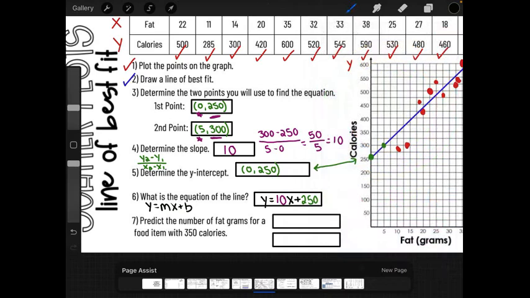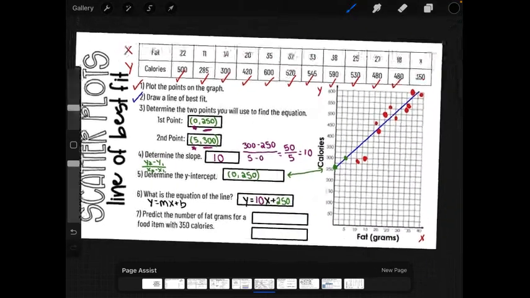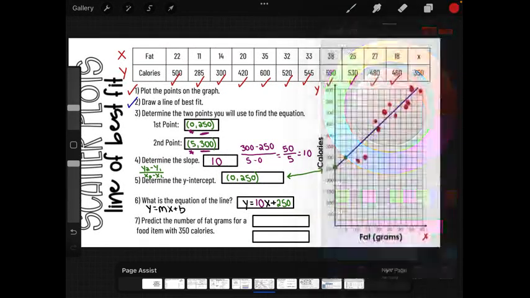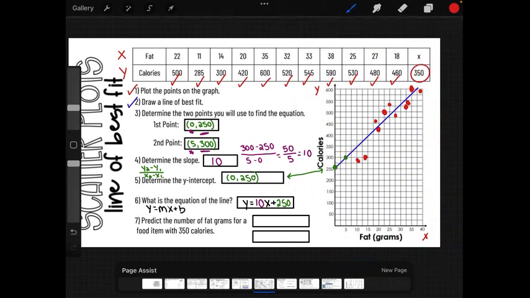Last question says to predict the number of fat grams for a food item with 350 calories. So that's where this 350 number becomes important again. We're going to find out what is this x. So 350 represents our calories, which is our y.